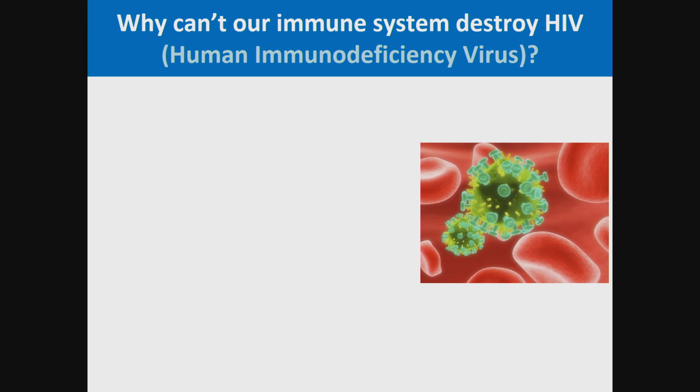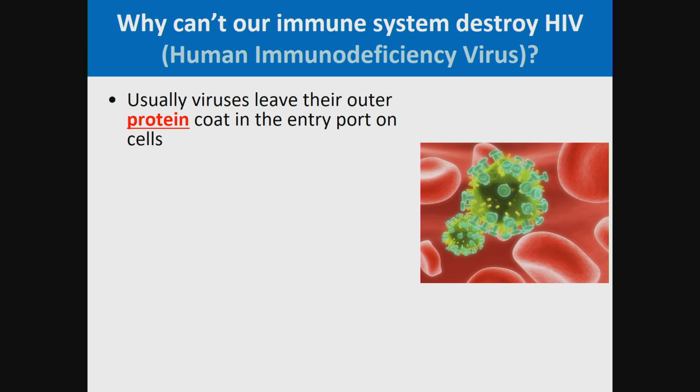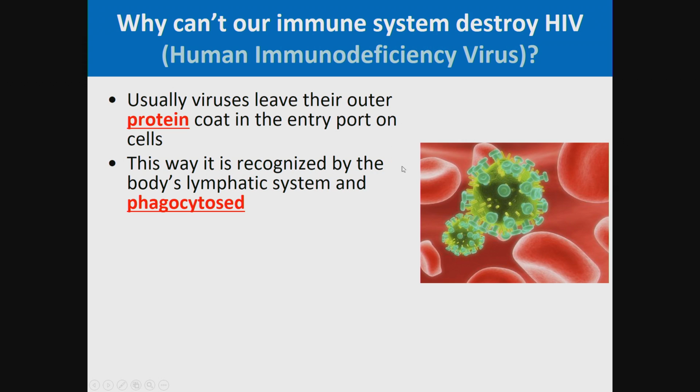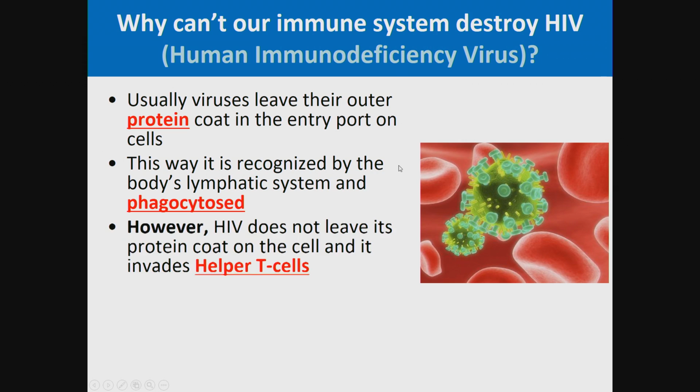Why can't our immune system destroy HIV, or the human immunodeficiency virus? Usually, viruses leave their outer protein coat in the entry port on cells, so they're leaving an antigen. This way, it's recognized by the body's lymphatic system, and it is phagocytosed.